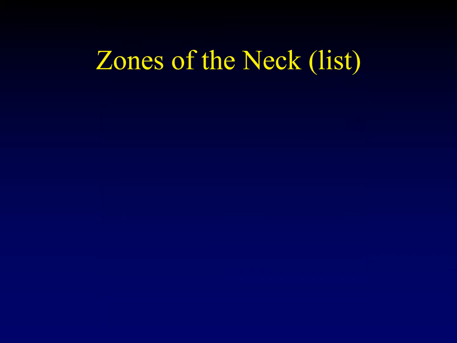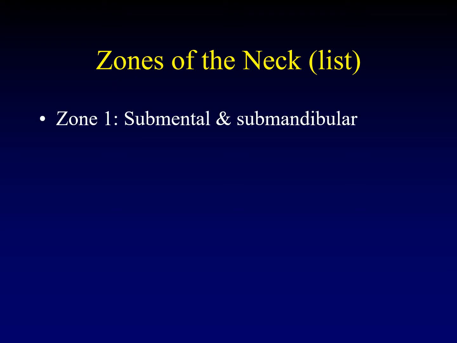Now let's run down more precisely what the radiologic boundaries are that define these different levels or zones in the neck. The submental and submandibular triangles are pretty well defined based on the fascial arrangements that we've already discussed and the muscular arrangements we've discussed. So that's zone 1.